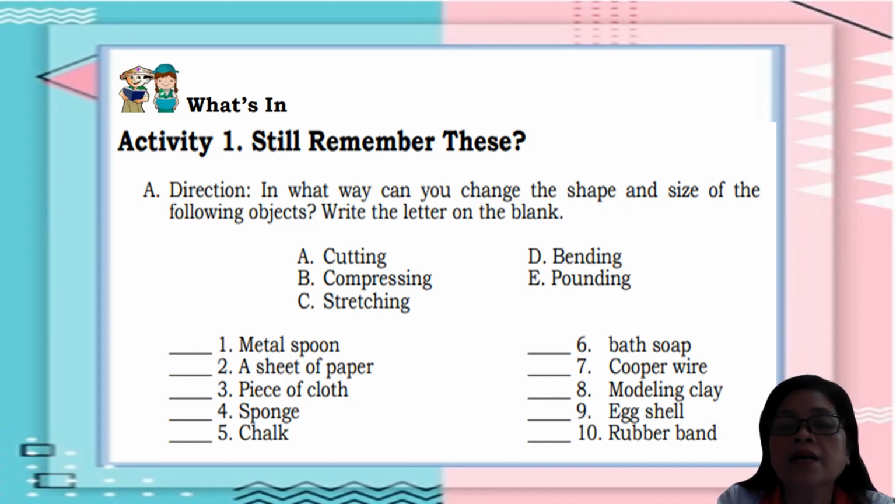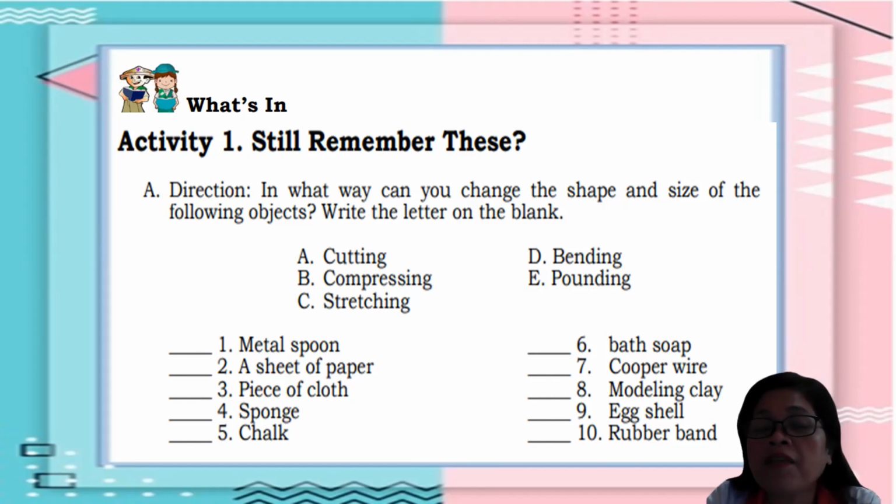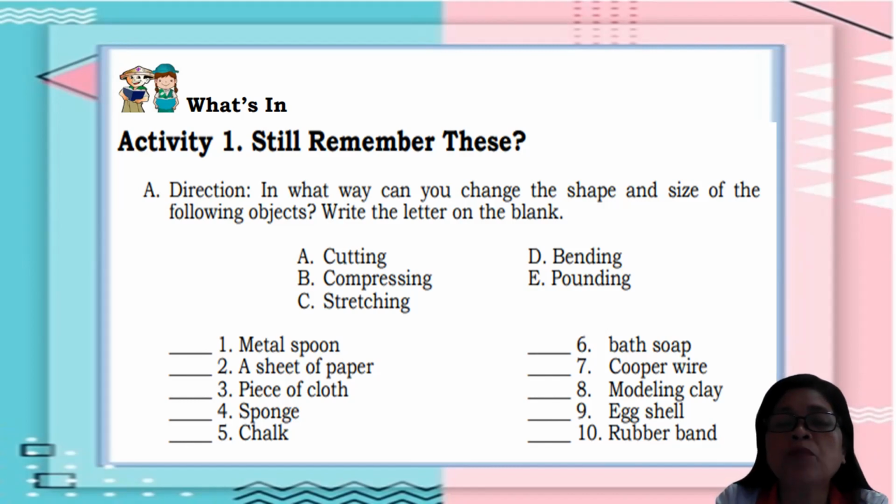For number 6, bath soap. All right. So you can change the shape by cutting, or you can also change it by pounding. Dikdikin mo yung bath soap. Number 7, copper wire. All right, the answer here is letter D, by bending. For number 8, modeling clay. I'm pretty sure that you're fond of playing with it. So how do you change the shape or the size of a modeling clay?